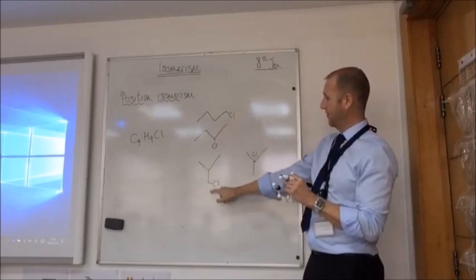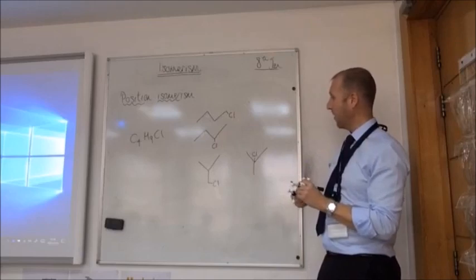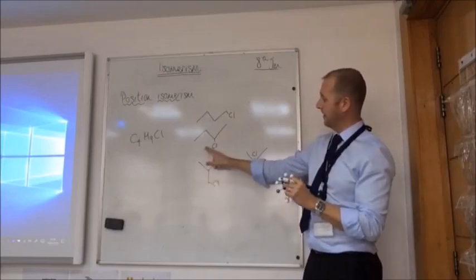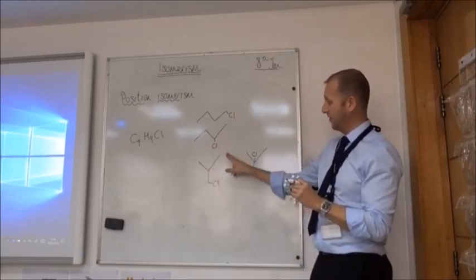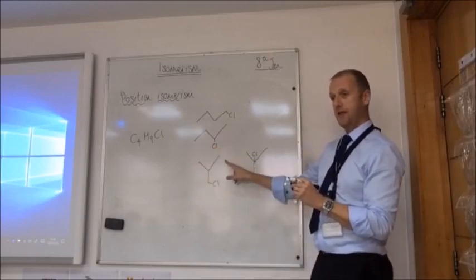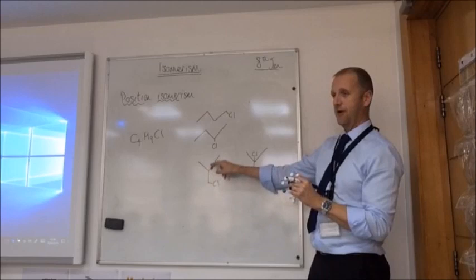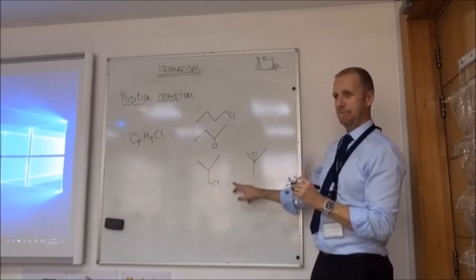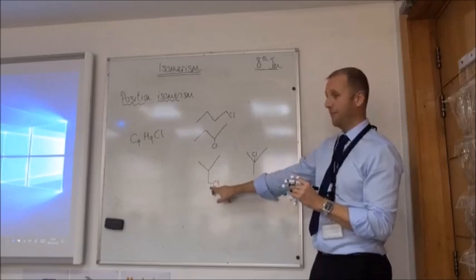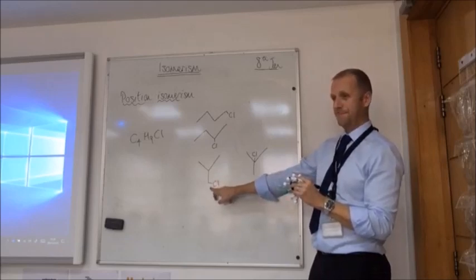Okay? Oh, this one would be, well, we need the name of that chain first, which was methylpropane. Okay? So we would call that 1-chloromethylpropane. Because it's attached to carbon atom number 1. Okay?